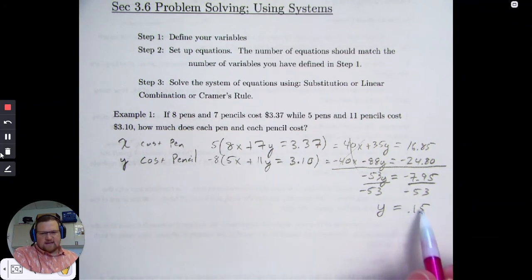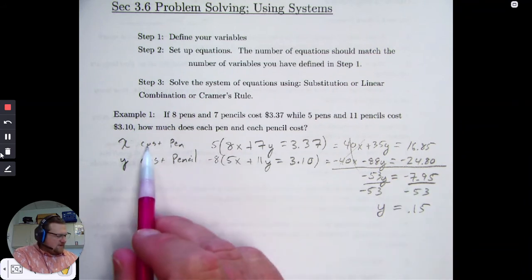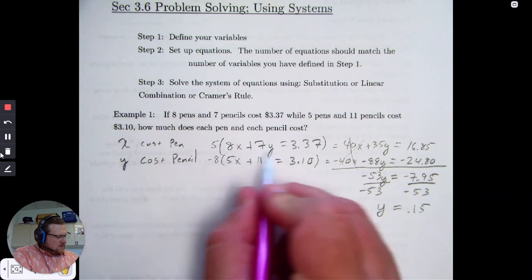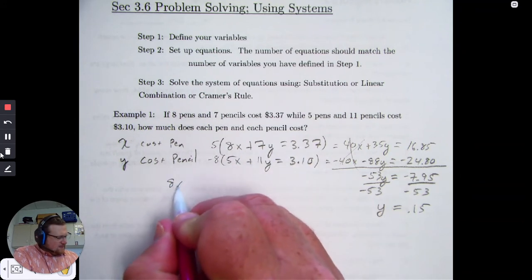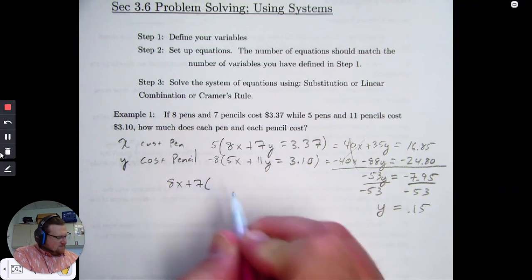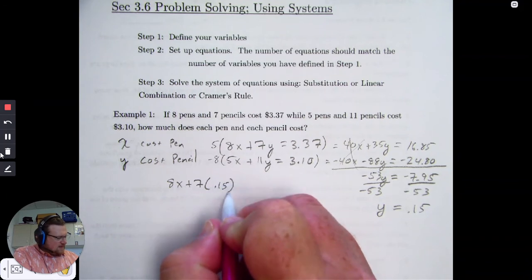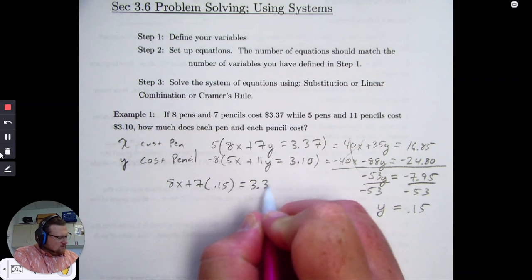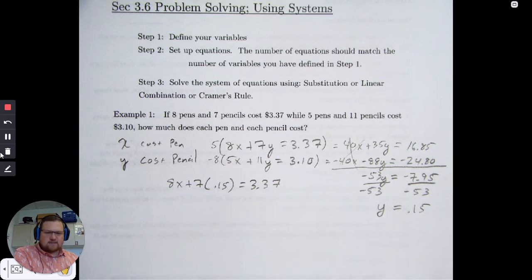Okay, I'm not done though, because once you find the cost of a pencil, which was y, we have to go back and find the cost of a pen, which is x. So I can just put this back into my original equation: 8x plus 7 times 0.15, because that was my y, substituting it back in, has to equal $3.37.